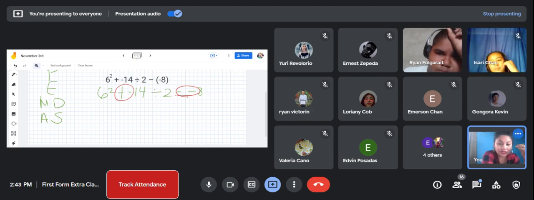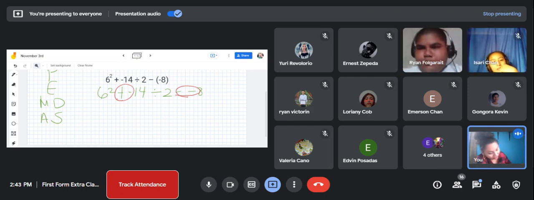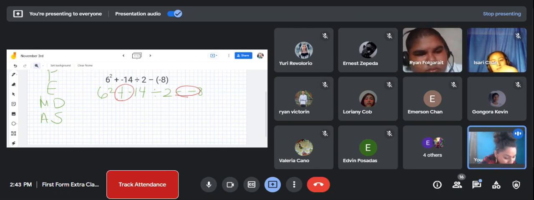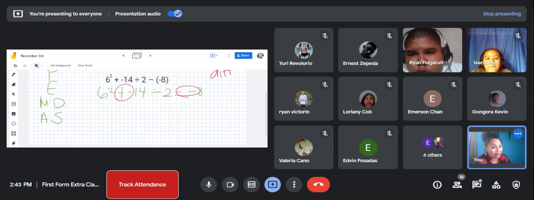So this is what we're going to be doing. You can remember this because when we start doing algebra right after we finish this topic, this is going to come in handy. So when we do algebra, you come back and say, oh, Miss showed me how to do this.